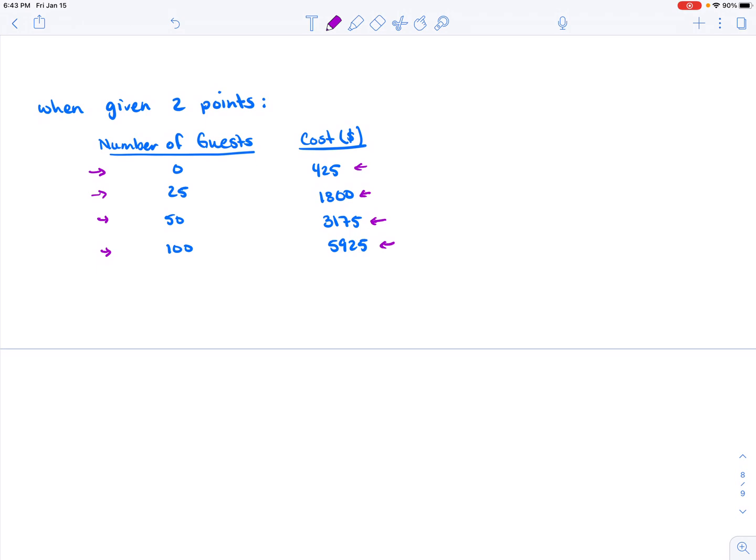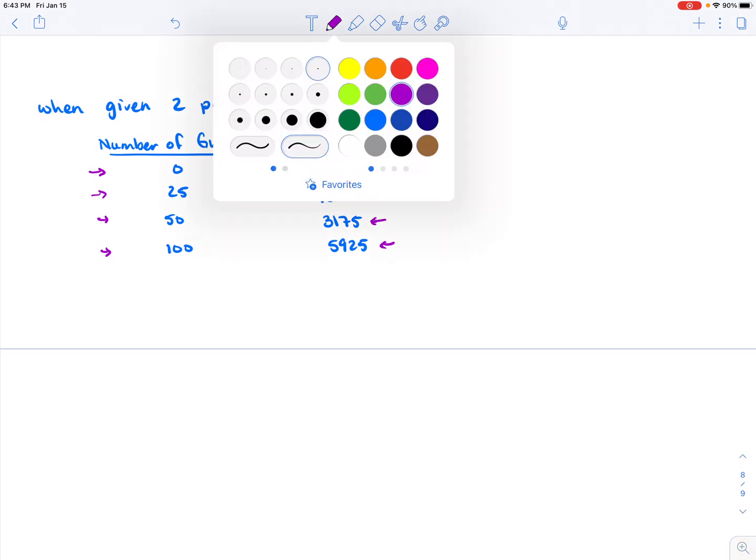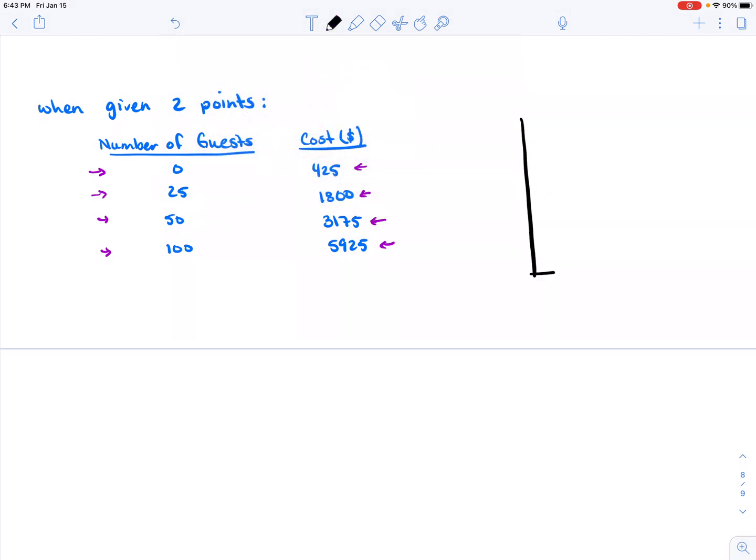Well, what does this mean? Let's look at a graph. We're only in the first quadrant, obviously, because we only have people and costs, so they're positive. For no guests, I have a flat charge of $425.